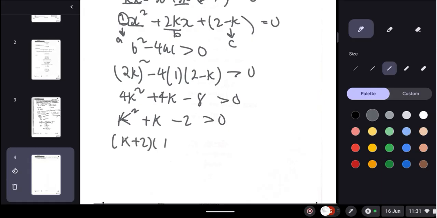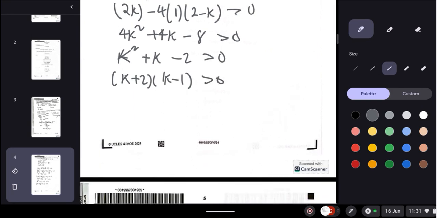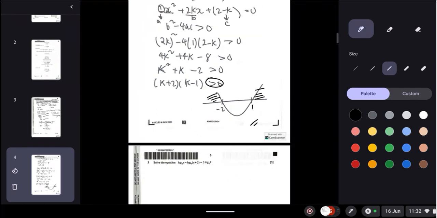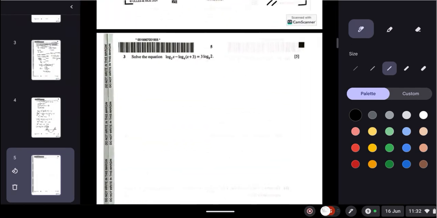Then you will draw the curve, and it's minus 2, minus 1, sorry, I wrote plus 1, but okay, sorry. So 1. Everything is above the axis because it's more than 0. So above. Done.